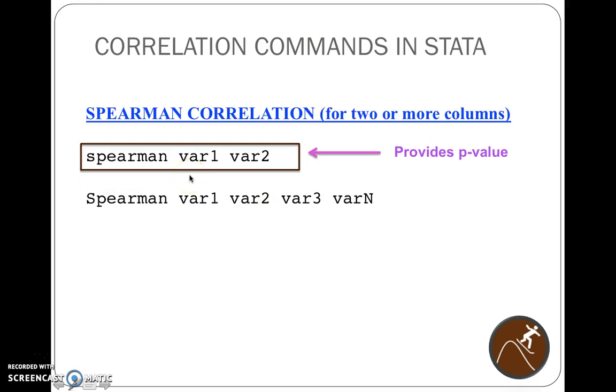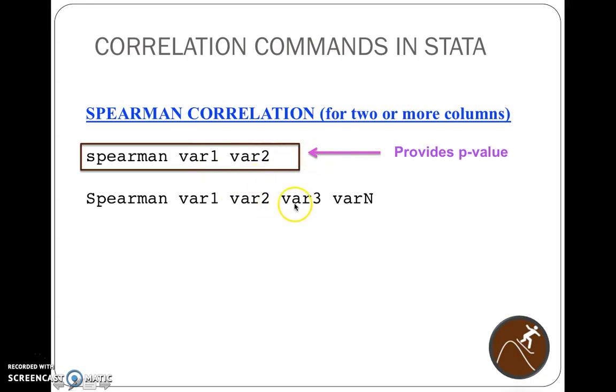For the non-parametric equivalent, you will use spearman, and then the variables that you want to see are correlated. If you use more than two variables, you will not be able to get the p-value. If you do them two at a time, variable 1 versus variable 2, you'll get the p-value. So you'd have to do them two at a time.